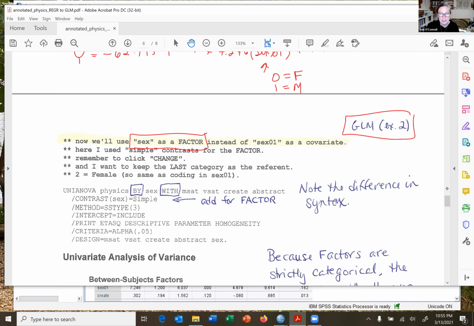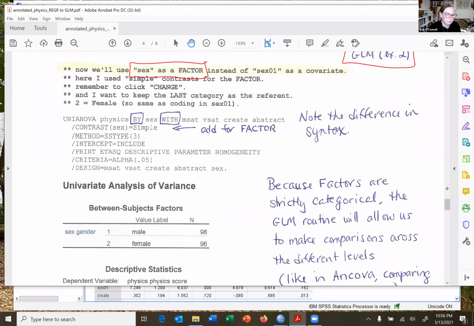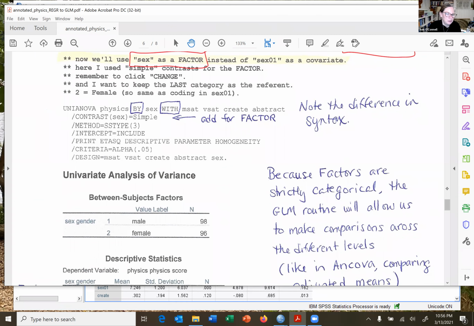Now, this is a simple example because it's just dichotomous, but over time we'll see some additional ways we can code those predictors, when they're categorical. So my choice here is I used a simple contrast for the factor. The default is actually to use polynomial, but I'm going to change it to just use a simple contrast.